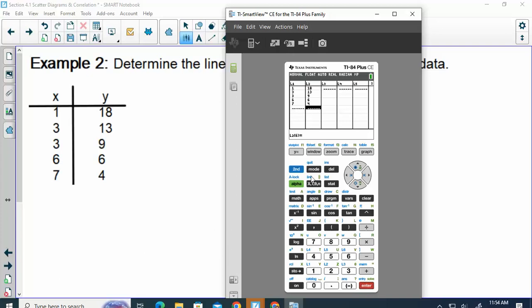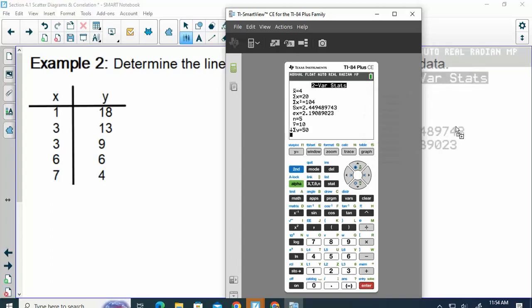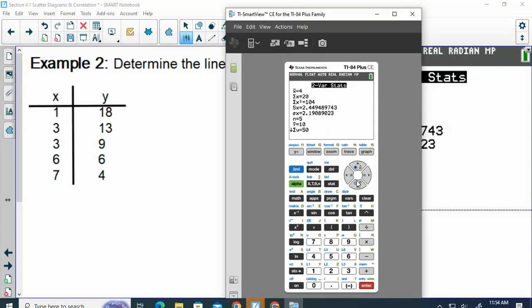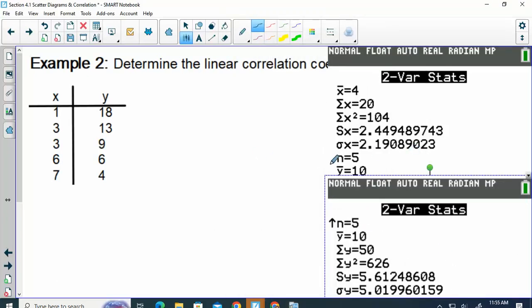Then if we go to stat, calculate, 2-variable statistics, that way we can just get everything at the same time. So I have x bar is 4, standard deviation of x is 2.4.